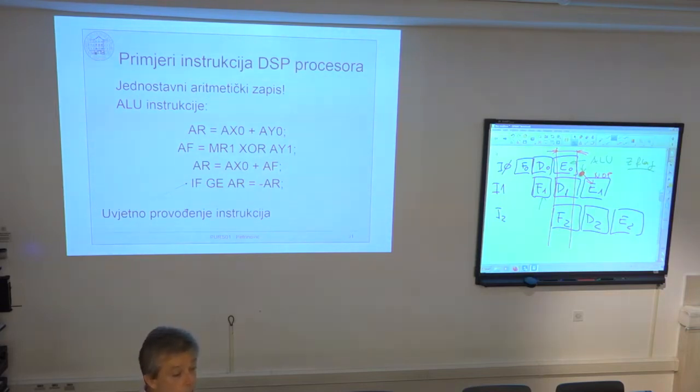So I use only 4 bits in the instruction code to define whether or not this instruction would be executed. If the unconditional combination is chosen, it is always executed. But if one of the conditional executions is selected, then only if this condition is satisfied will the instruction be executed in the final phase, the execute phase.